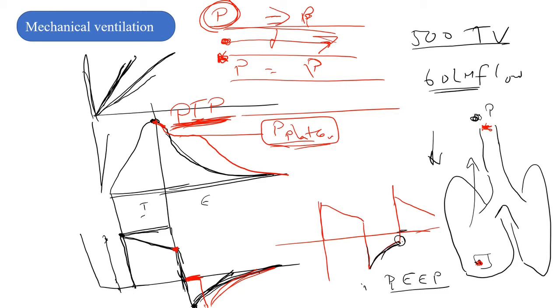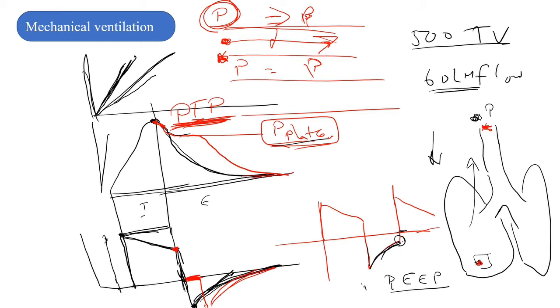But can you measure from here how much it is? You cannot. At that time, despite the plateau or the pause that's applied during inspiration, you will have a pause at the end of expiration.